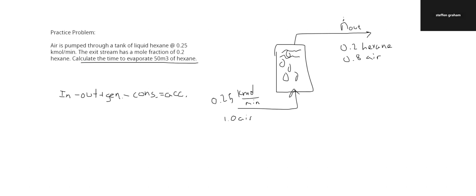To get the rate of hexane leaving, if we have this flow rate out, we know that 20% of this outlet stream is hexane. So we need to find that flow rate out. You might be able to see that we can do that pretty easily with an air balance.